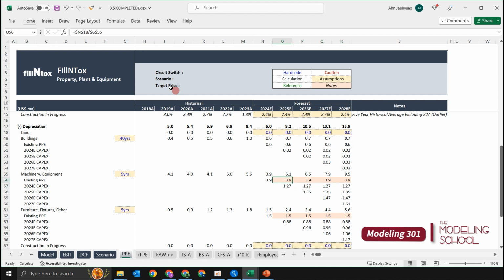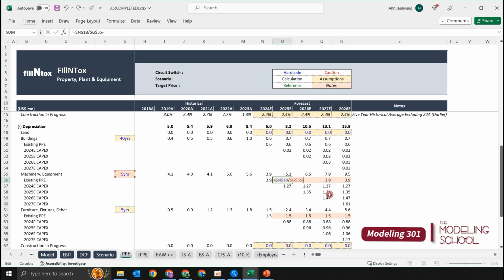And how we're going to do it is, in 2025, 1/5 of the total depreciation amount from the year before should be excluded. And in 2026, it's going to be 2/5, 3/5, and 4/5 that is going to be excluded from the total depreciation amount.